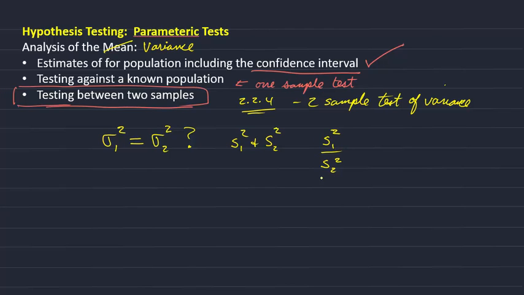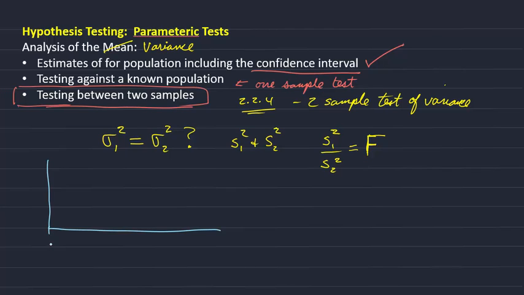And it turns out that the ratio of two chi-squared variables will have a known distribution, an F distribution. So the ratio of these two will define our parameter F. And we're using F because it has a known distribution.